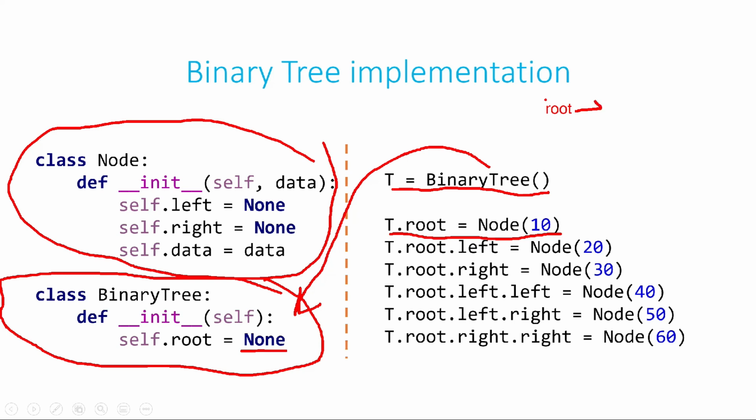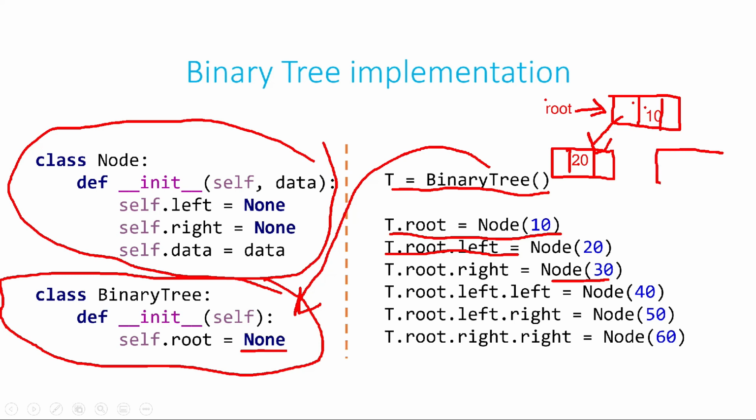So now root is pointing to a node. This node has data 10, and in the left and right references currently we have None. In the next line, t.root.left is assigned Node 20. So t.root.left is pointing to node 20. Then in t.root.right we have node 30.